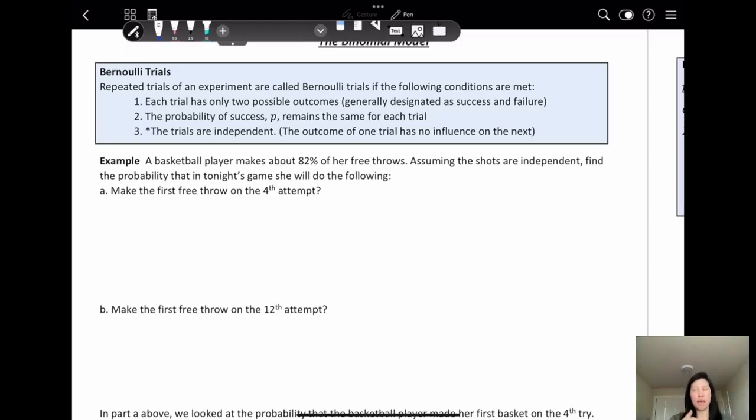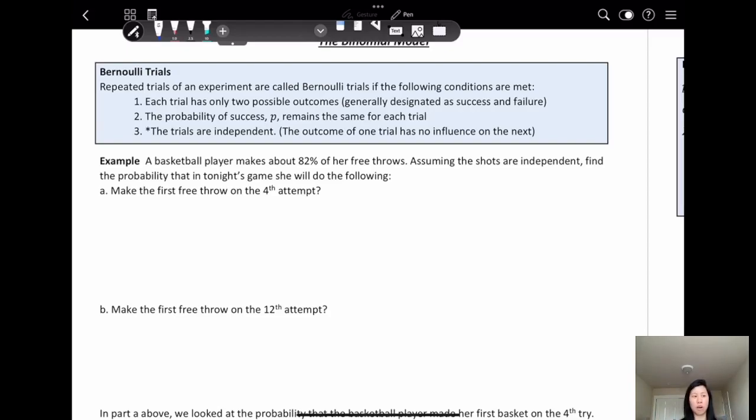For example, a really classic probability problem is tossing a coin. Each time you toss the coin, you get either tails up or heads up. We can consider heads up a win and tails up a failure. Each time you toss the coin, the probability of winning, which is heads up, is always equal to 50%.